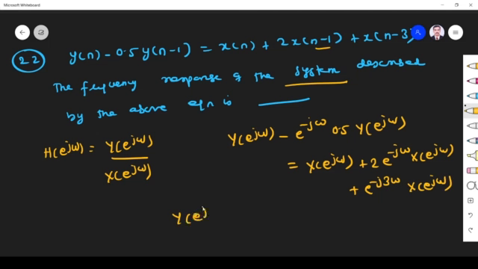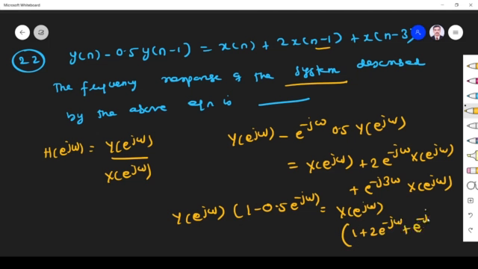So I take Y of e power j omega outside, 1 minus 0.5 e power minus j omega, and it equals X of e power j omega times 1 plus 2 e power minus j omega plus e power minus j3 omega.